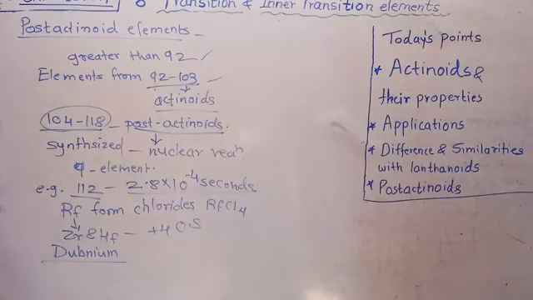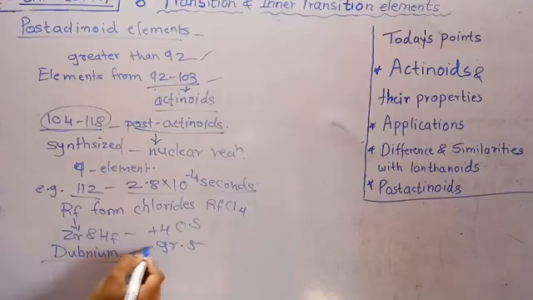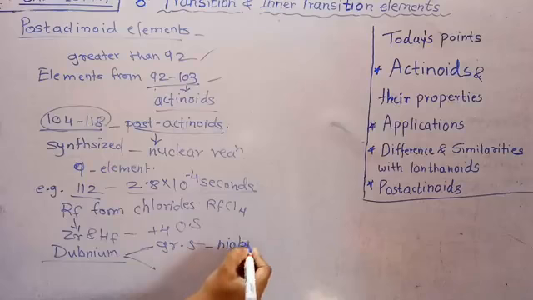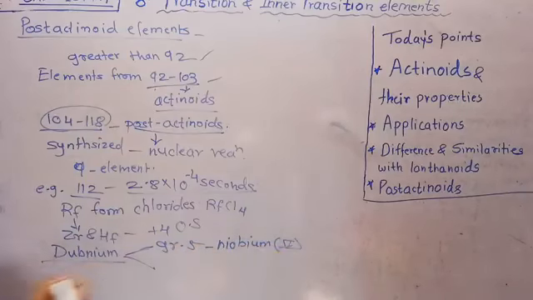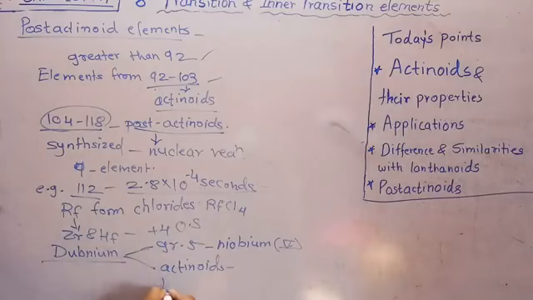The post-actinoid dubnium resembles both niobium of group number 5, Niobium 5, and also the actinoid protactinium, Protactinium 5.